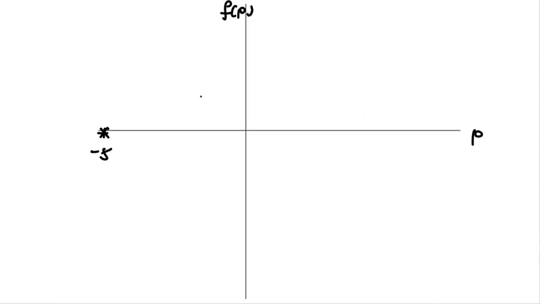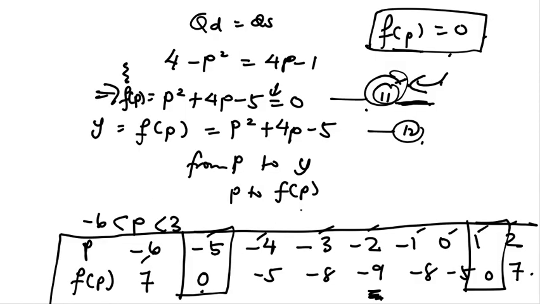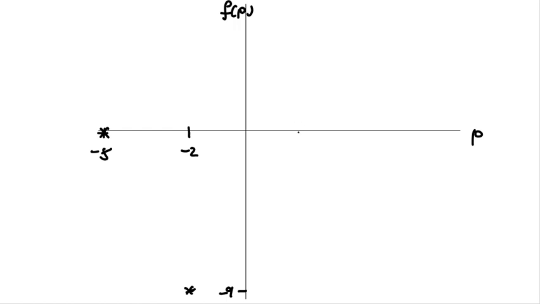Let's say minus 2 is here, then we have minus 9 here. This is the minimum point. And at P equals 0, FP is minus 5, so let's say minus 5 is here.